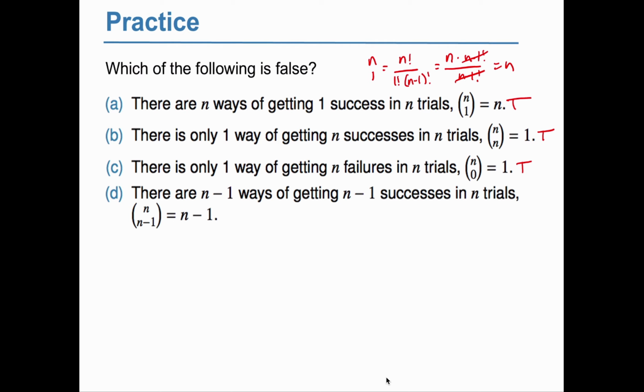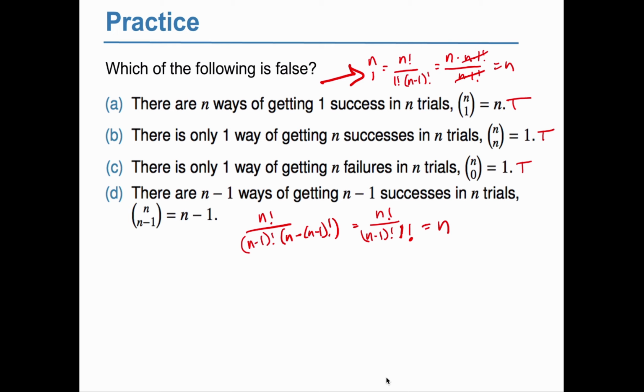So there are n minus 1 ways of getting n minus 1 successes in n trials, right? So n factorial over n minus 1 factorial times n minus 1 factorial is just going to be 1 factorial. And it's the same as this.